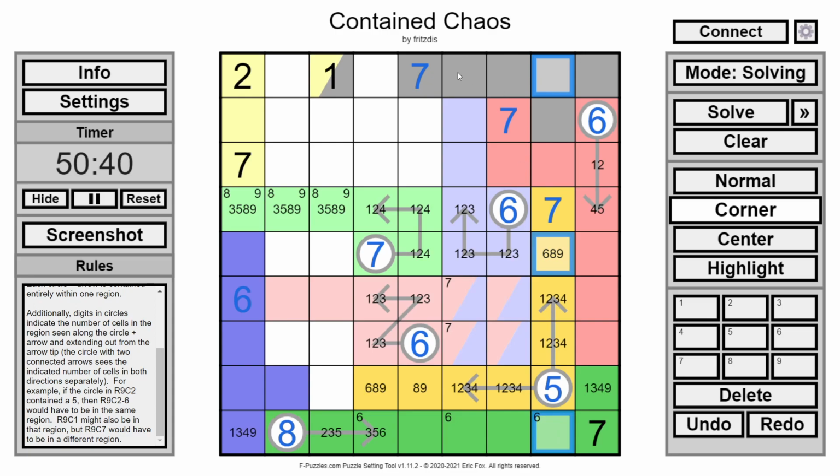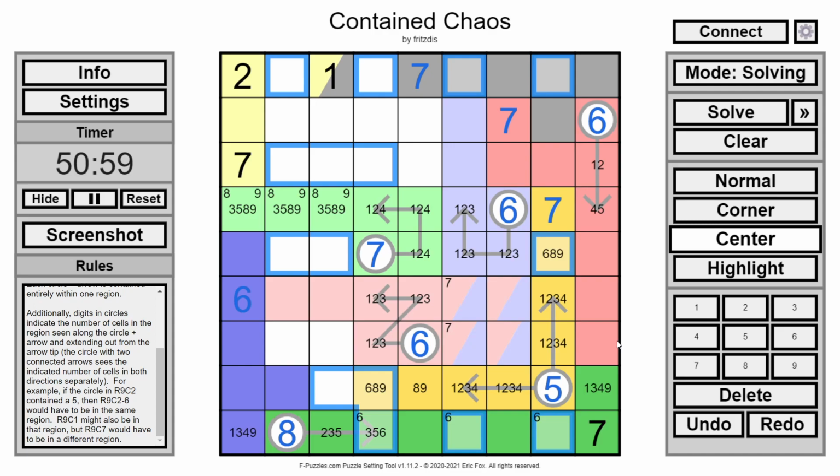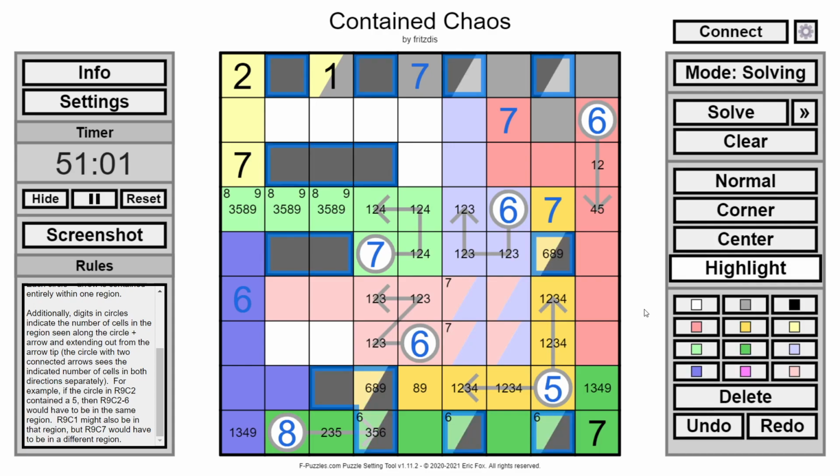We have this row, or this column done. Could be here, could be here. Nope, there. Okay. Let's just make these black for the moment.